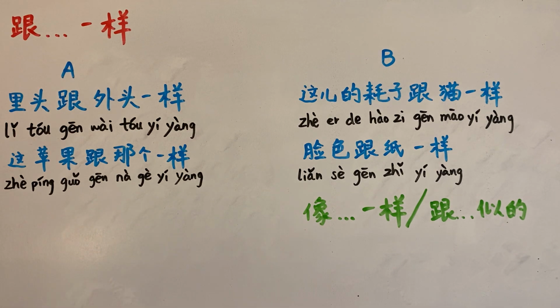And group A is to make comparison, not metaphor, comparison of two similar or same things. So in group A, we can use negative forms, right? We don't use negative forms in group B because if you want to make a metaphor, you should make the similarity of two different things, right?